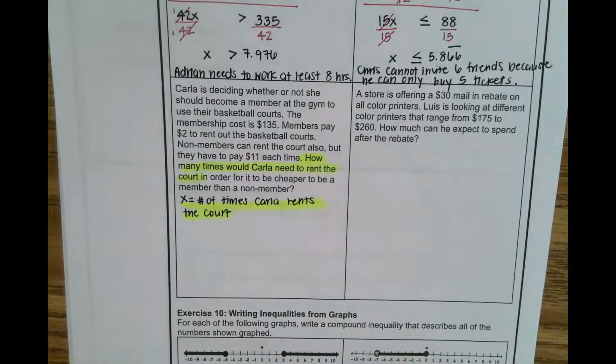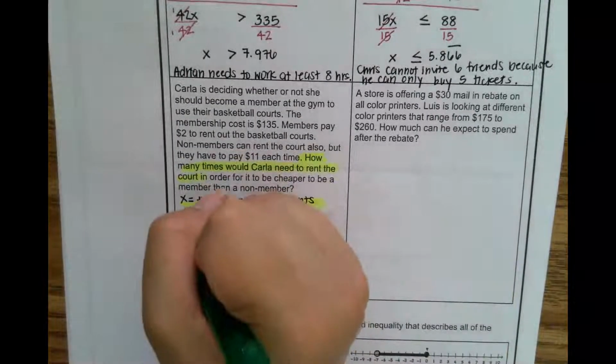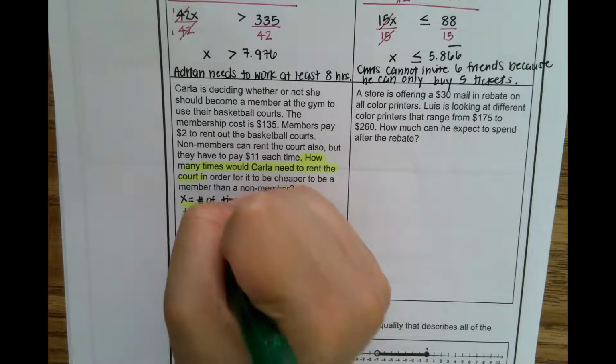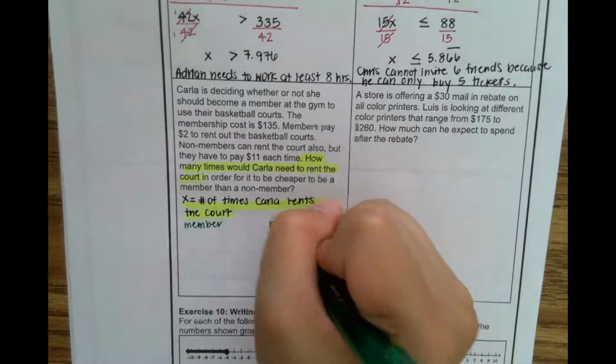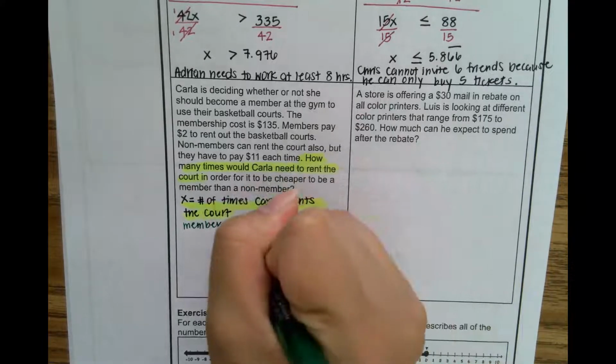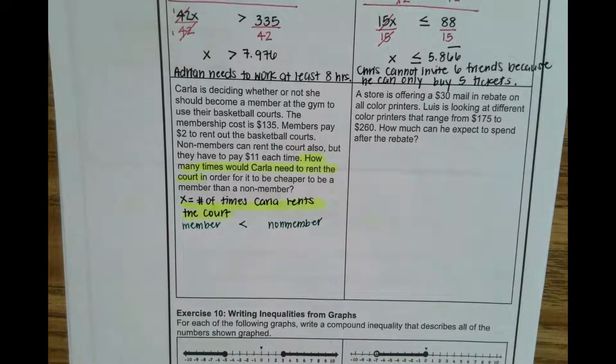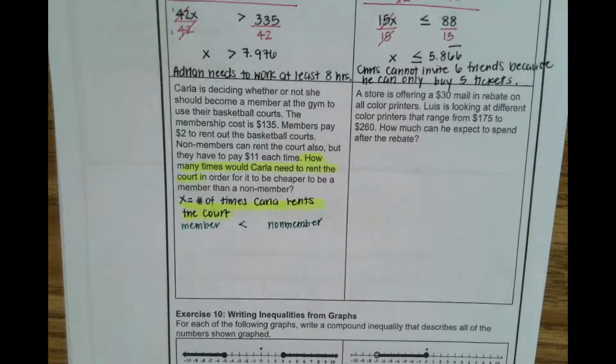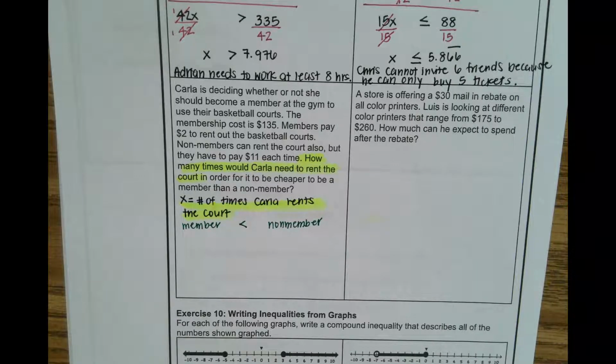We want to compare membership and non-member, and we want being a member to be cheaper, so it has to be less than being a non-member. What are we spending if we are a member?